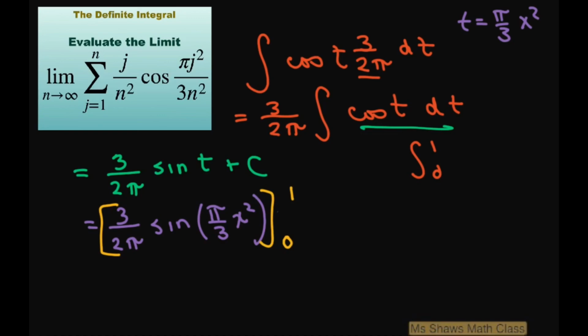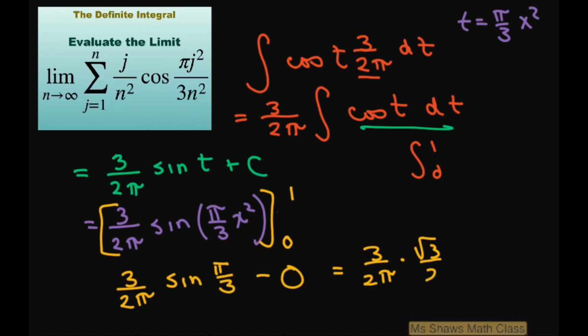And that's going to give you 3 divided by 2 pi sine of pi divided by 3. And when you substitute in your 0, that's going to be minus 0. So this is going to end up being 3 divided by 2 pi times square root of 3 divided by 2. This equals 3 square root of 3 divided by 4 pi.